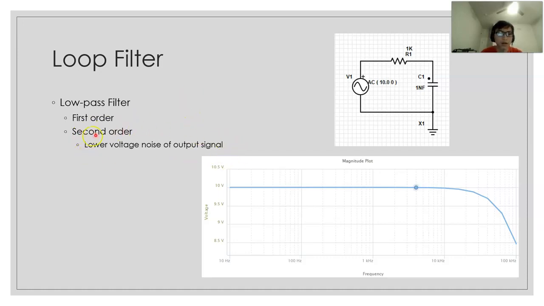The second order filter also lowers the voltage noise of the output signal, which is a very good addition. As you can see here, I have a first order low pass filter, and here's a graph of the output voltage in terms of frequency.